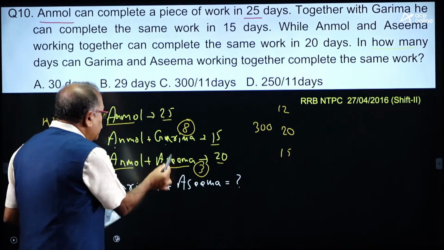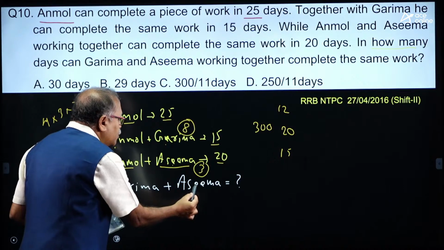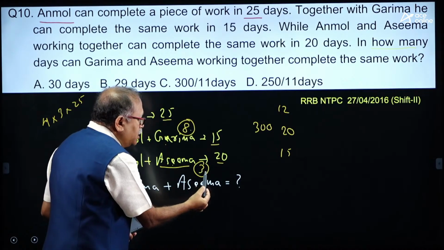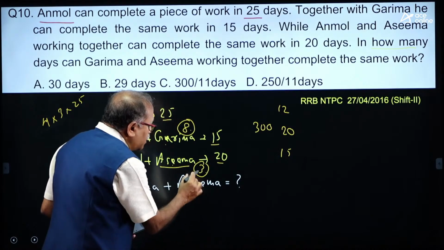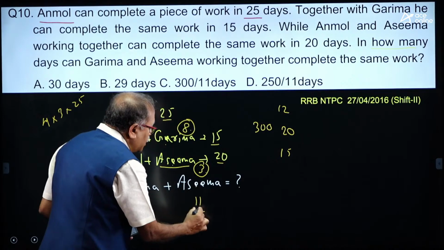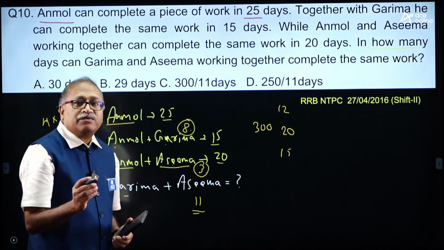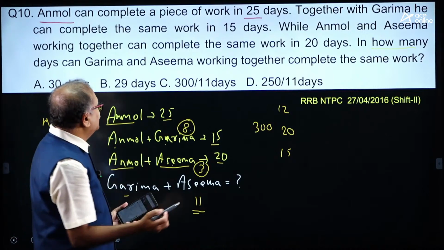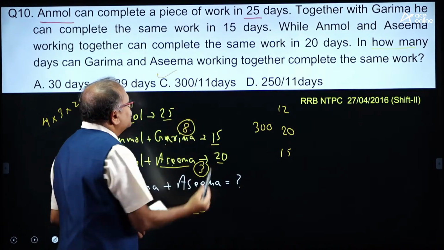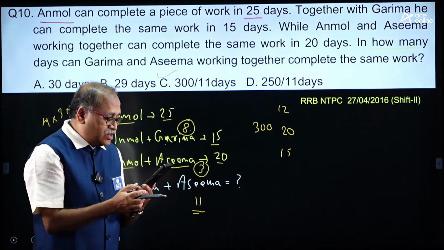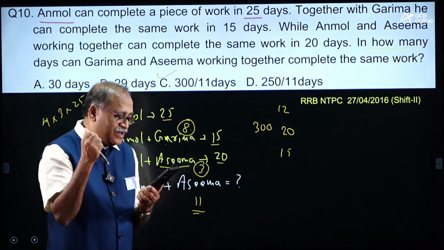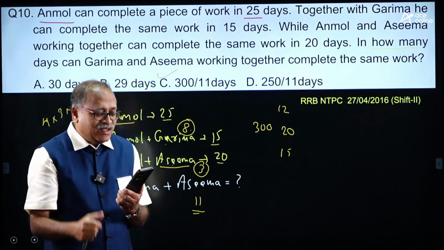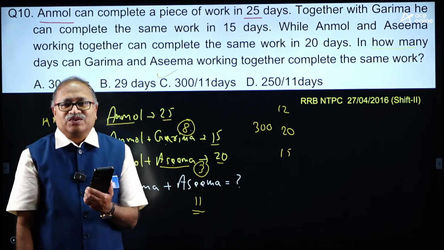So, Garima and Asima together 8 plus 3, that is 11 units. So, 300 by 11 is my answer. Do we have that option anywhere? 300 by 11. So, you have rightly, oh Mr. Praveen, yes sir, you have correctly answered the question.